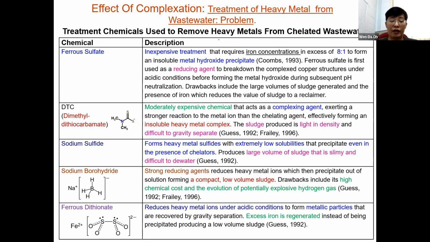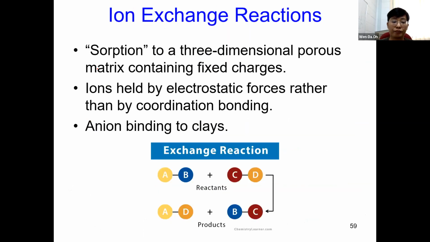Glyphosate is a pesticide. So after binding with heavy metals, it goes to the wastewater treatment plant, and the wastewater treatment plant uses all these chemicals to remove it, but it's no longer effective because the characteristics of the heavy metals have changed drastically due to the complexation reaction.